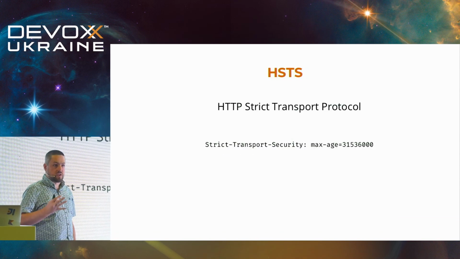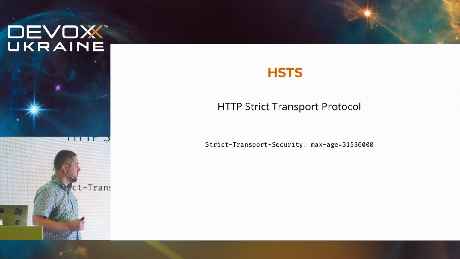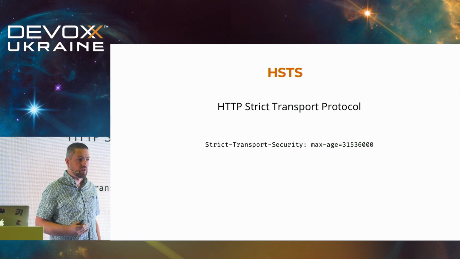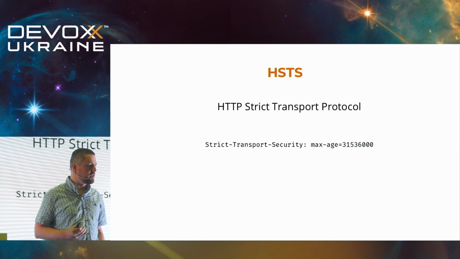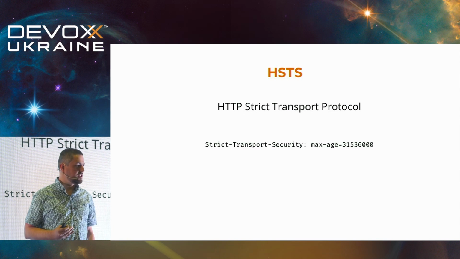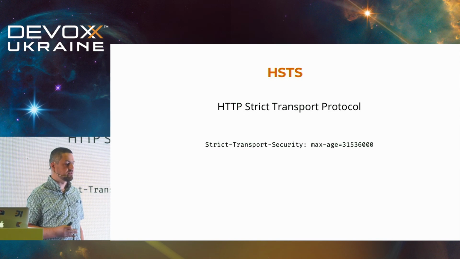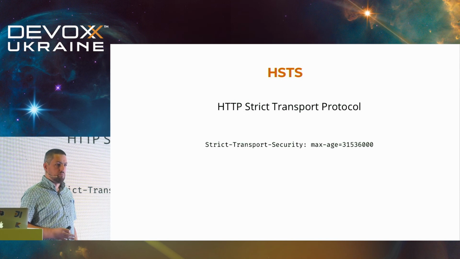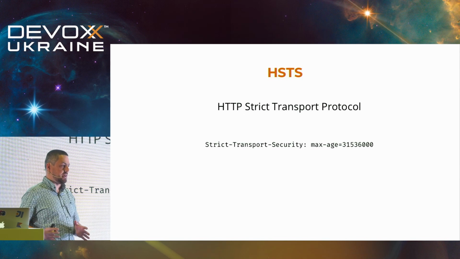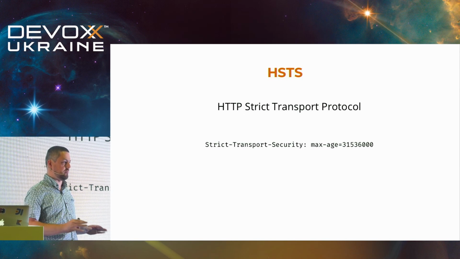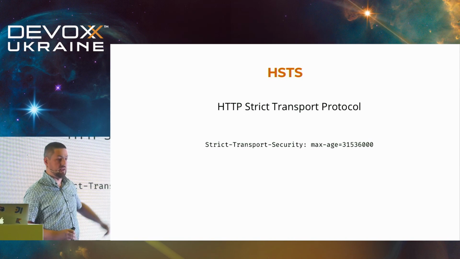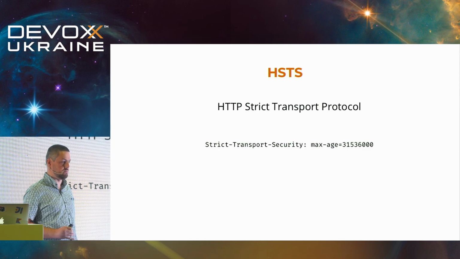So, because of that, some time ago, one of the HTTP security headers was added to the HTTP spec, and it's called HSTS, HTTP Strict Transport Security. Basically what it does is it tells the browser that my site has to be served over HTTPS for, in this case, about a year.